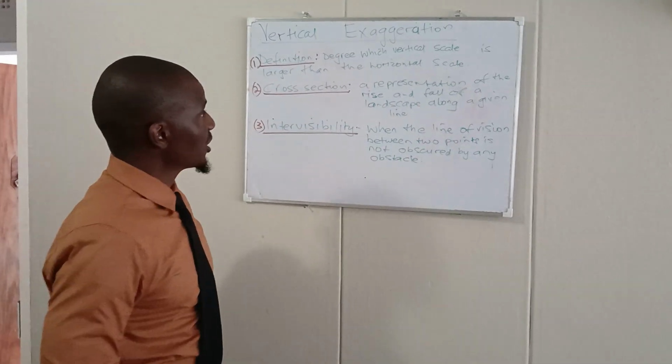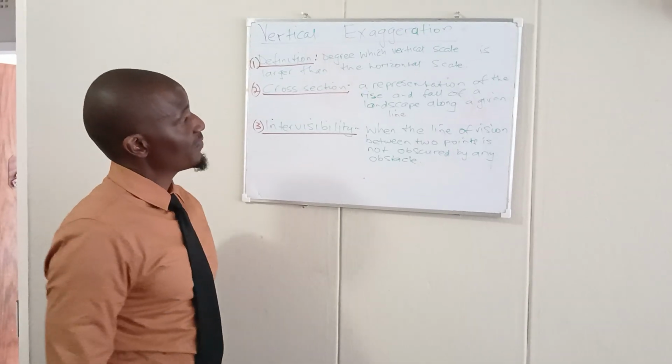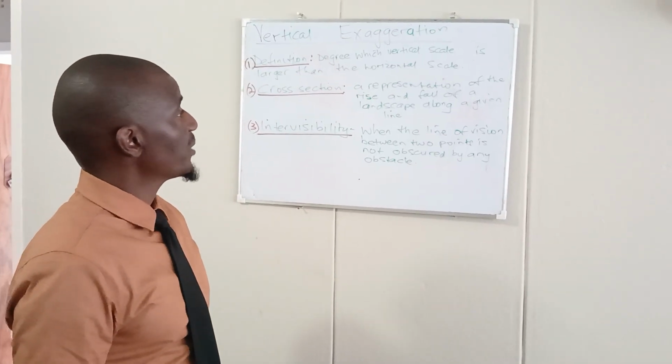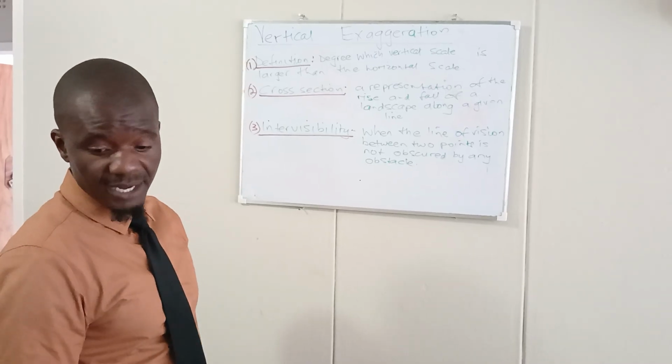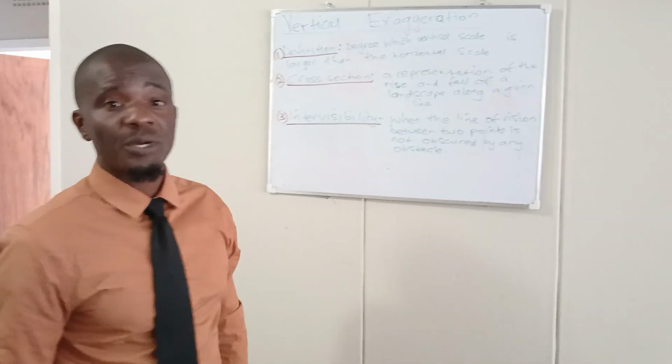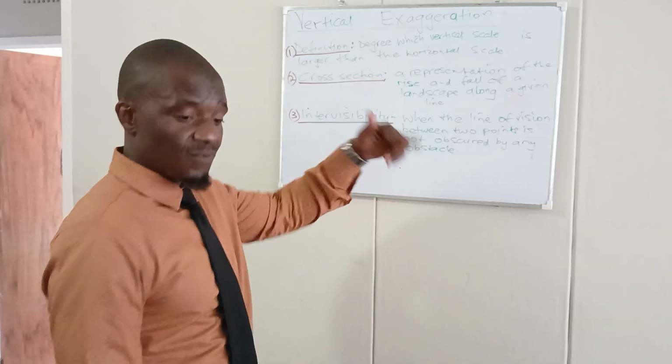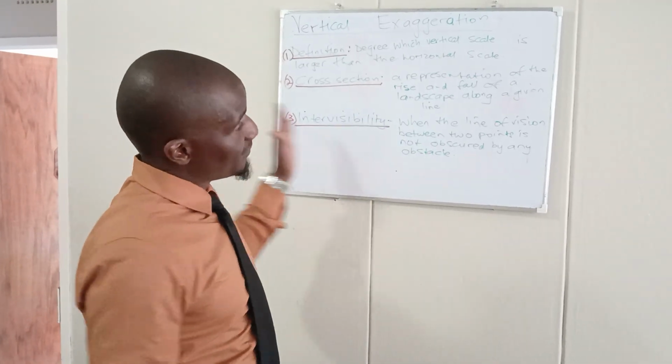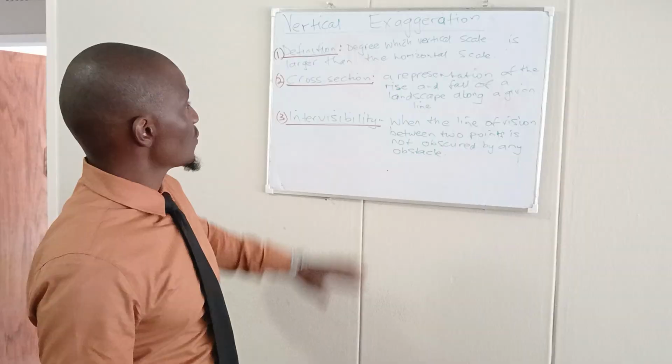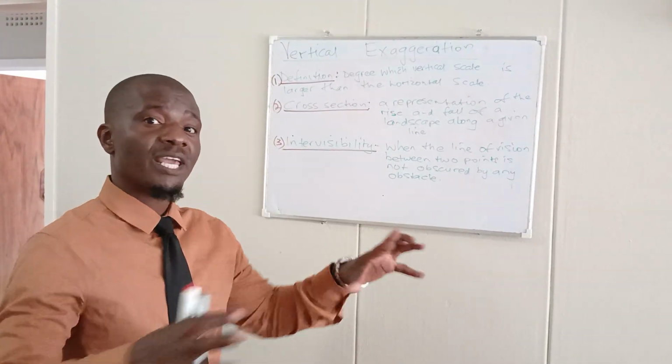Then the concept of cross-section: a representation of the rise and fall of a landscape along a given line. You are given the landscape between 2 points, and there can be rise and fall of the landscape as you navigate from one point to another. When you're looking at a cross-section, it's more like a side view.